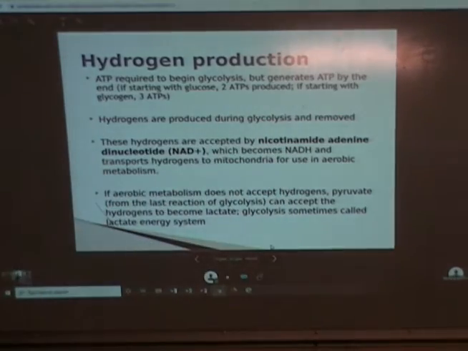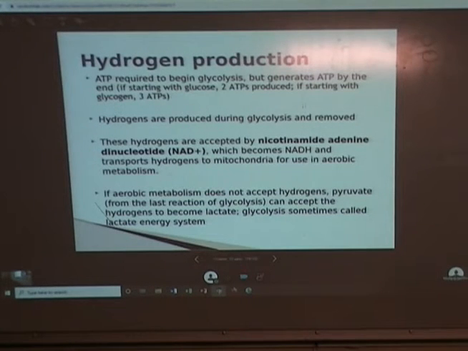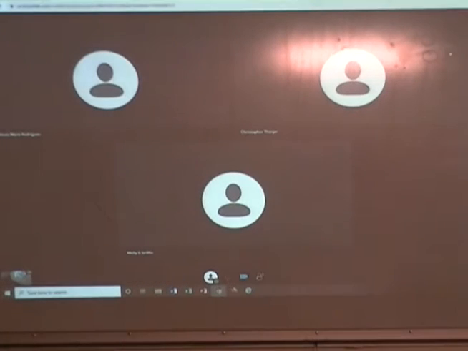Right? So glycolysis then, let me do one of my really bad diagrams here. You'll have to tell me if these diagrams don't actually help, guys, because they do look rather bad.